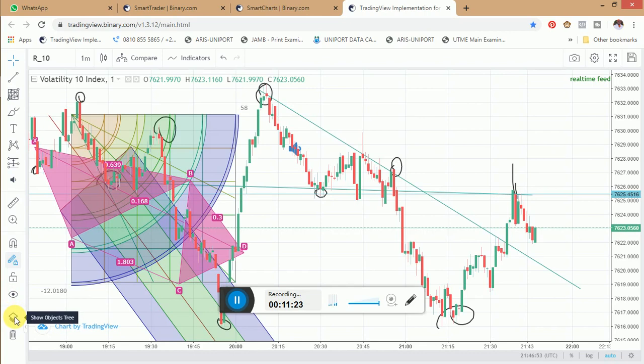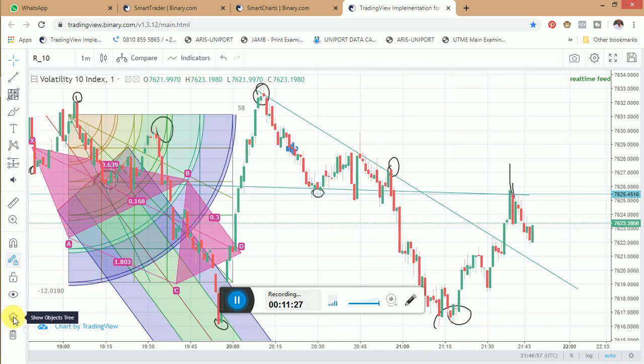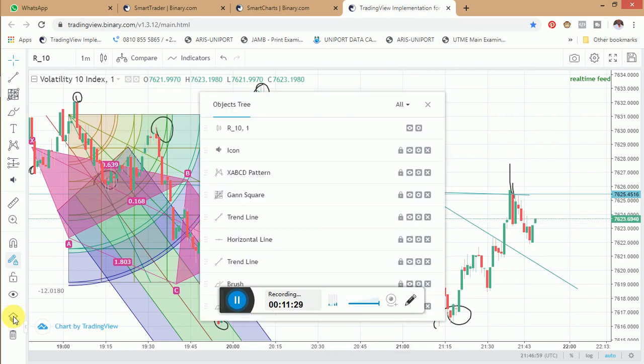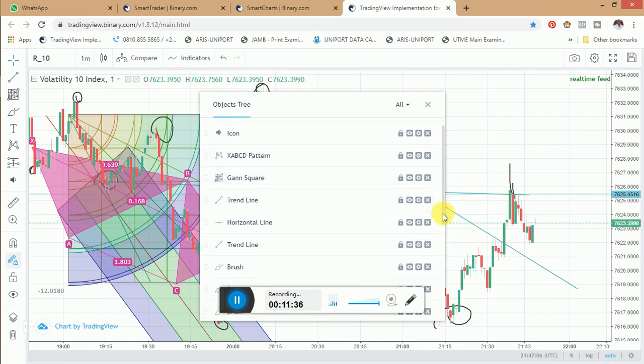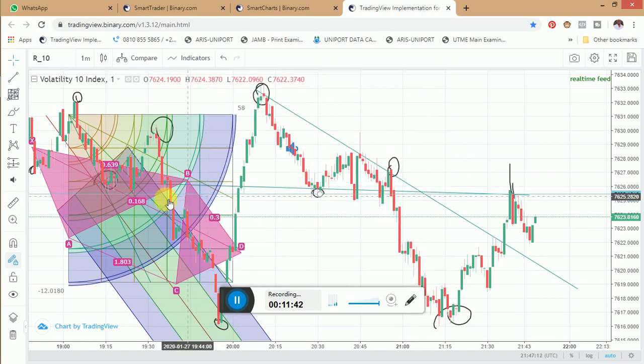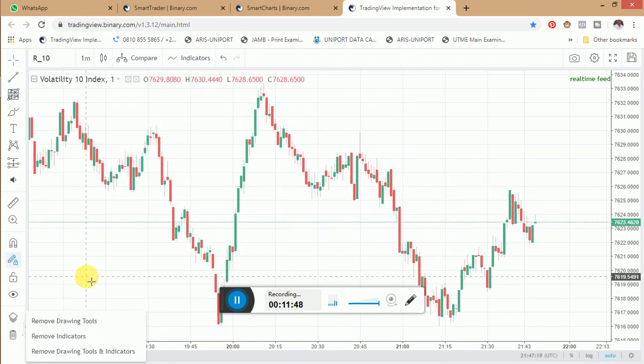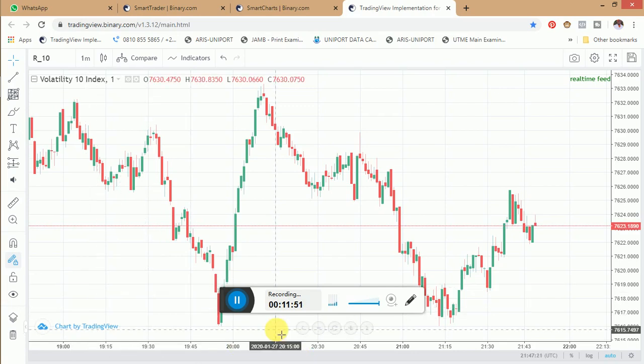Then here you can show object tree. That is, it tells you which drawing came before the other ones, the drawings you have on the chart. It just shows you the time and when you put something on the chart. Then here you can delete all drawings which we've just done and remove everything.